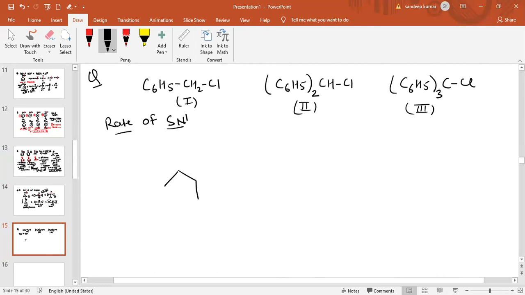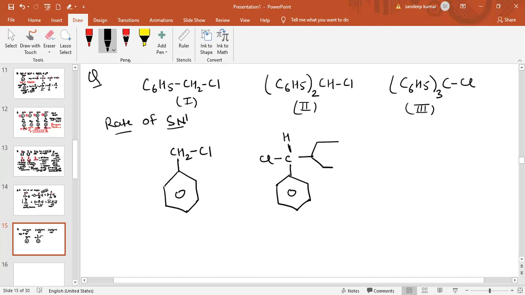You can also draw the structural formula of these compounds. This is C6H5, this is CH2, and this is Cl. Now again, there are two benzene rings. One ring is C6H5, same. Then CCl, and on the carbon there is a hydrogen also, and two benzene rings are attached to the carbon like this.